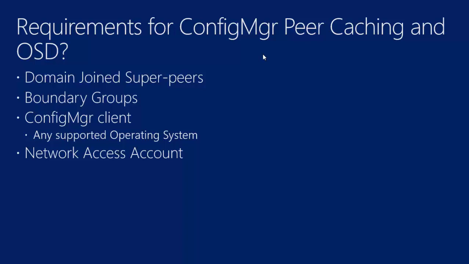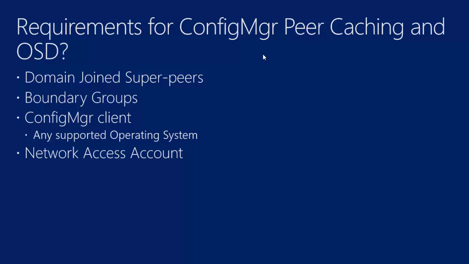A machine that has content that is able to share that content with others in its boundary group or on its same subnet within a boundary group, depending on configurations. Now, the super peers, the content source peers, must be domain joined machines.